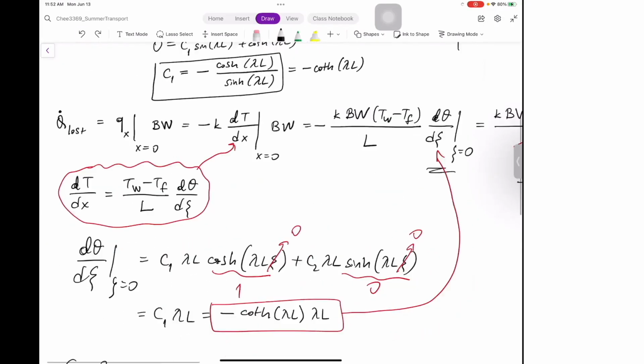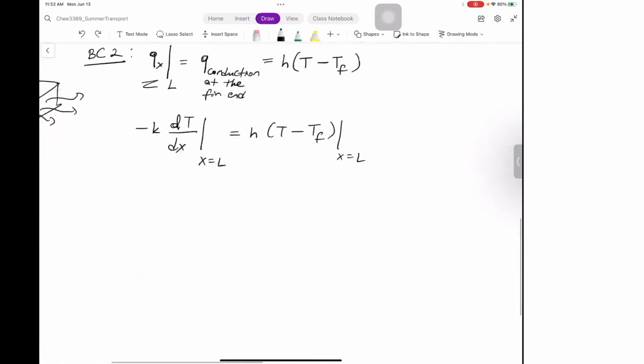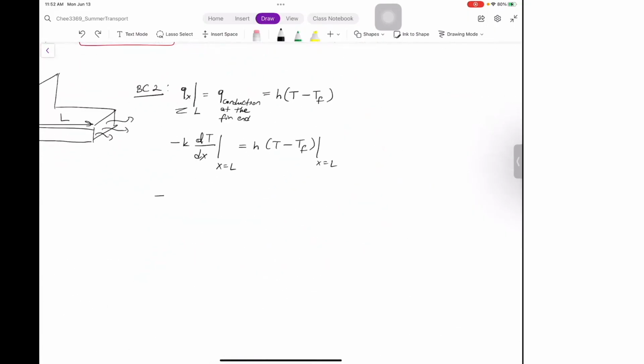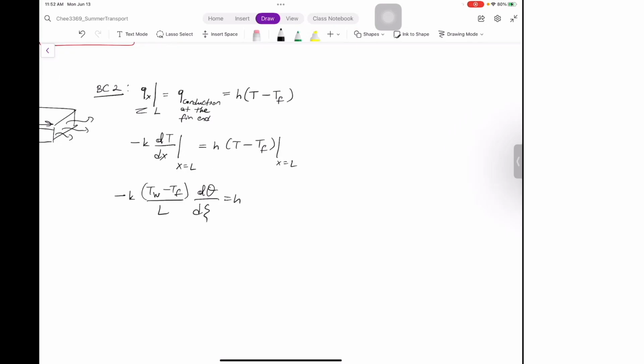I'm going to plug it into this equation: minus K, T wall minus TF over L, d theta over d psi is equal to H times T minus TF, which is nothing but theta times T wall minus TF from the definition of theta, correct? And this is evaluated at psi equal to 1.